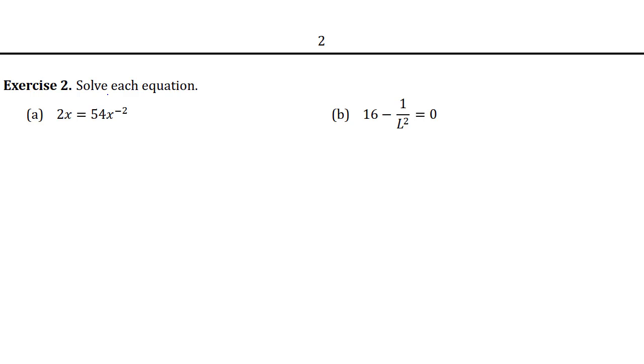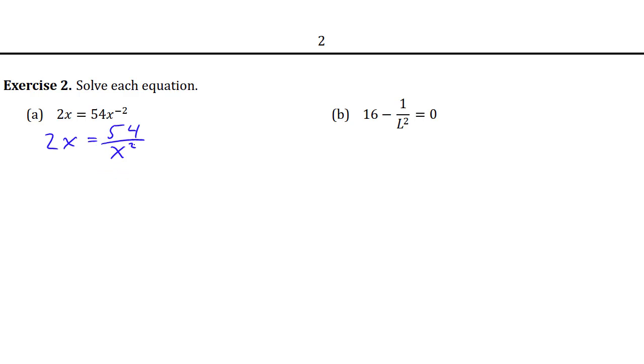So what I would do here is say, I have this x to the negative 2. I guess I would say, what does that really mean? And what it really means is 1 over x squared. So I'm going to write this as 54 over x squared.